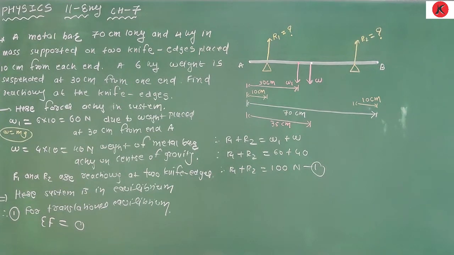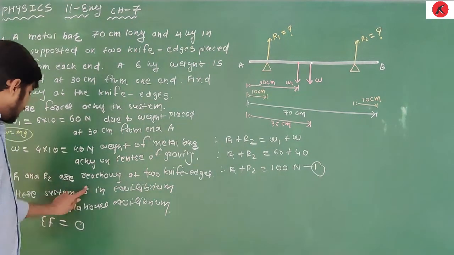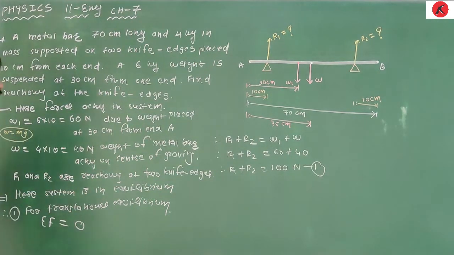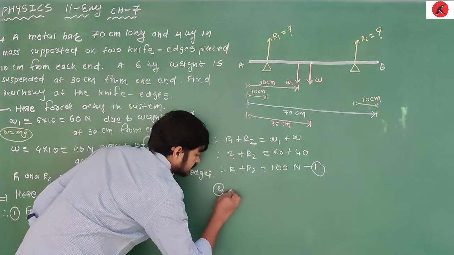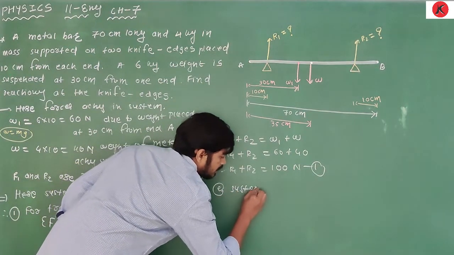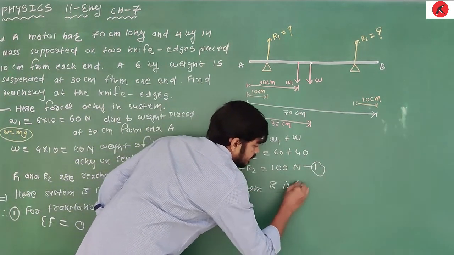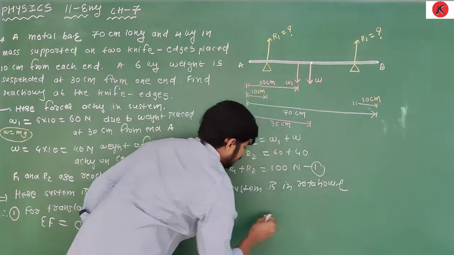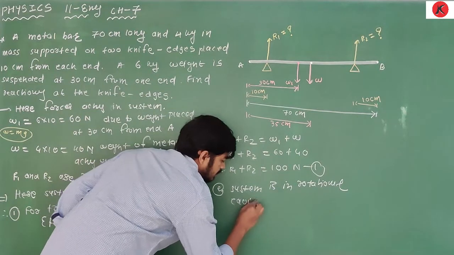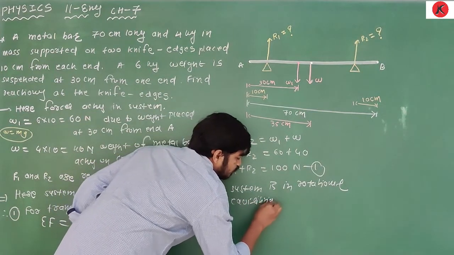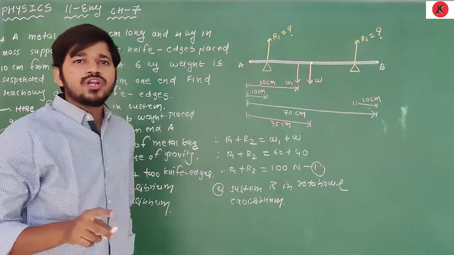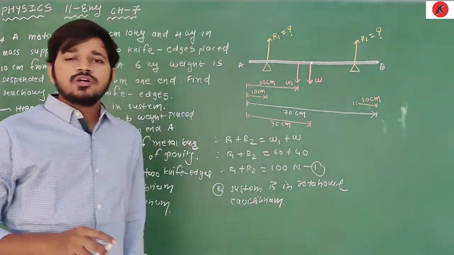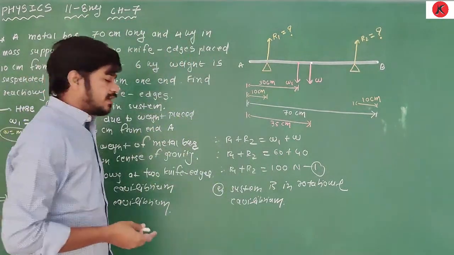From the second condition. It means if the system is in equilibrium, it is in translational equilibrium as well as in rotational equilibrium. And for rotational equilibrium, we know the condition. Remember the question or case of center of gravity.